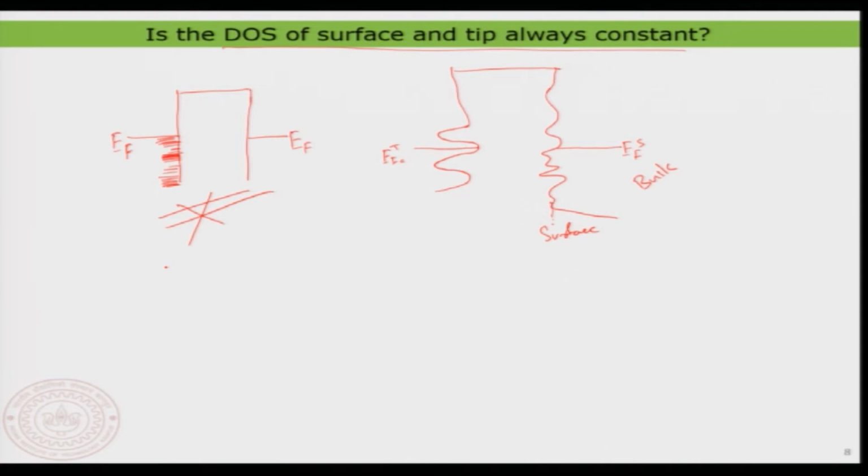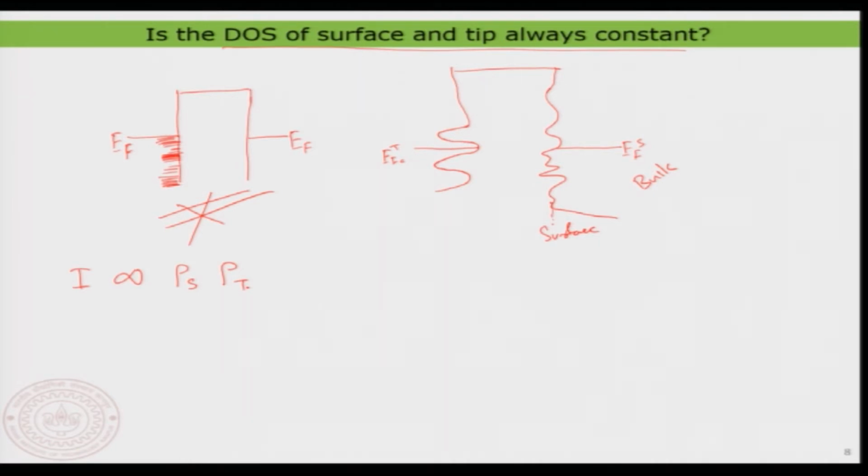Of course, in the previous expression we wrote, the current is proportional to the density of states of the surface or sample and the density of states of the tip. This is not very good, because if I take the product of these two varying densities of states, I get a very complex picture.